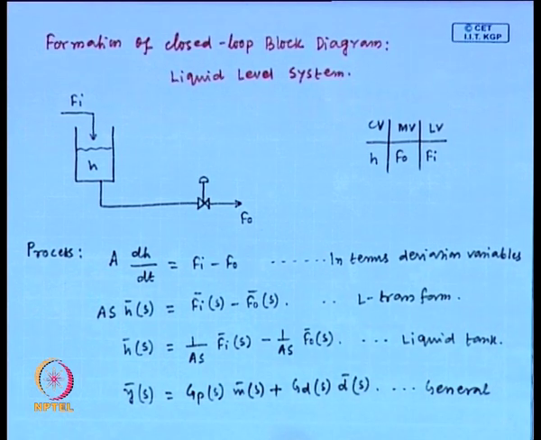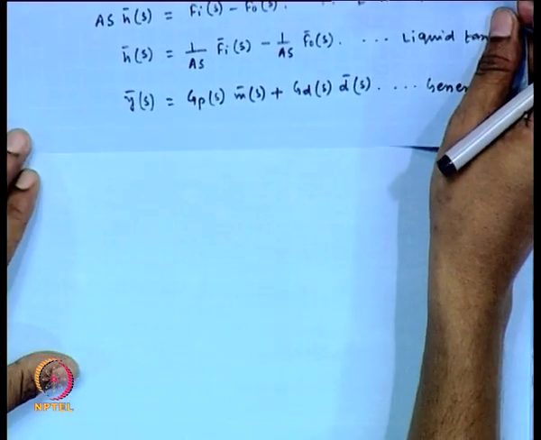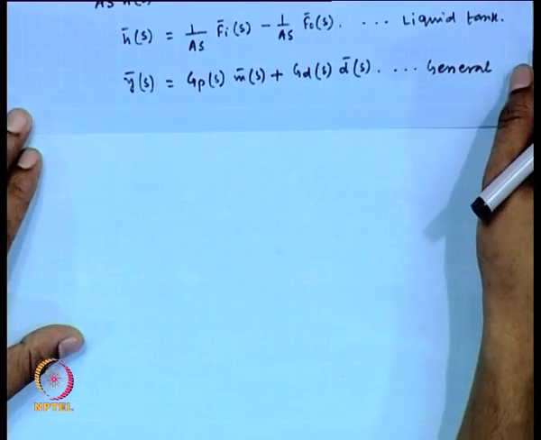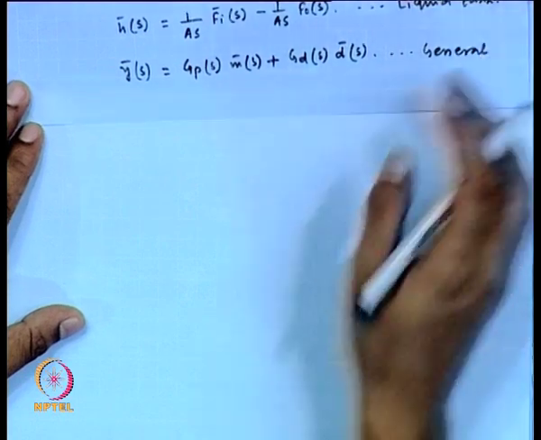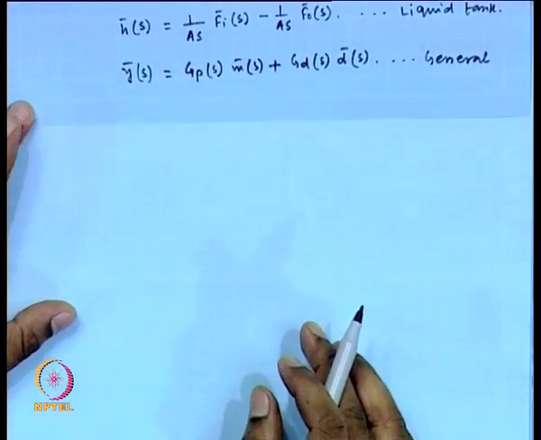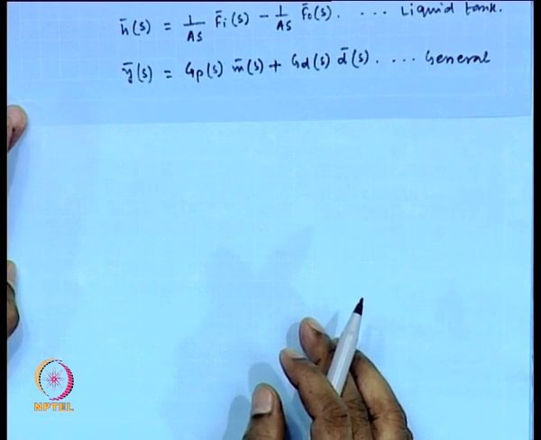Comparing these last two equations, we can easily get the transfer functions Gp and Gd. So, what is Gp? Gp is minus 1 by A s, because our manipulated variable m is F naught and disturbance d is Fi.